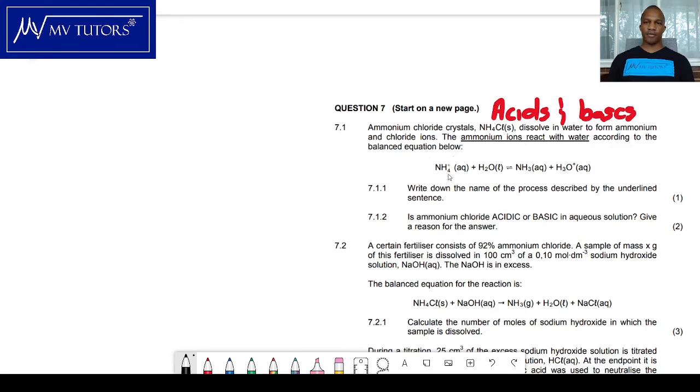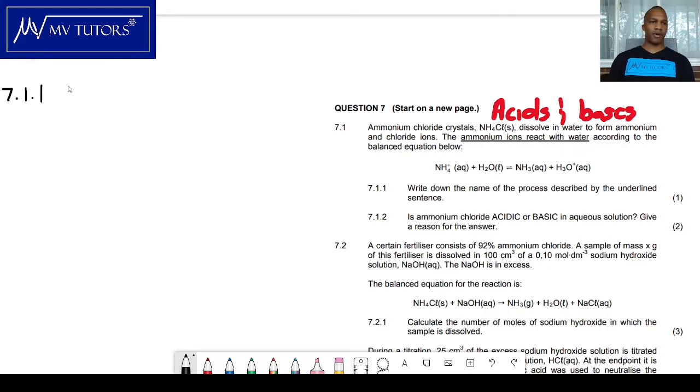So there you take the ammonium and then you add water to it and it becomes ammonia and hydronium ion. Now it says question 7.1.1, let's do it right this side. Write down the name of the process described by the underlined sentence. Ammonium ions react with water.